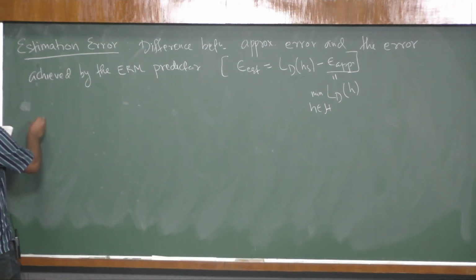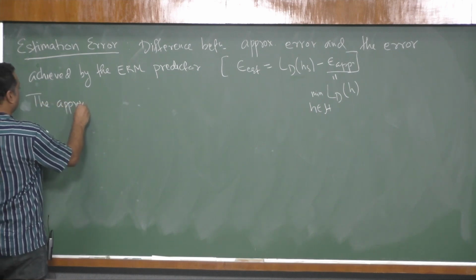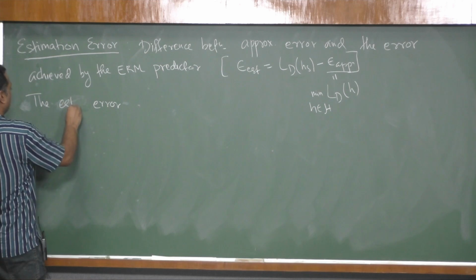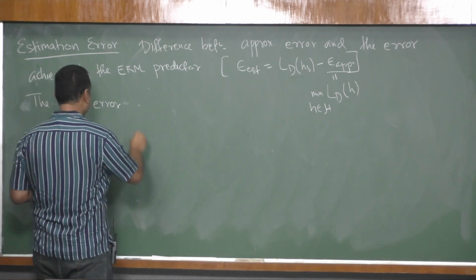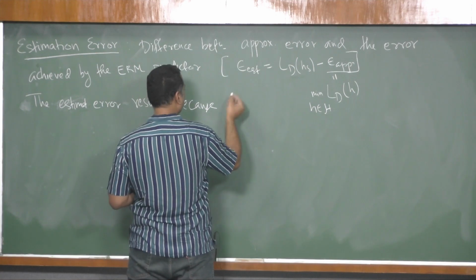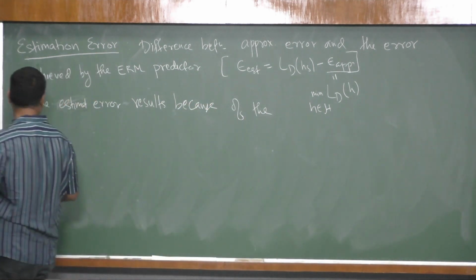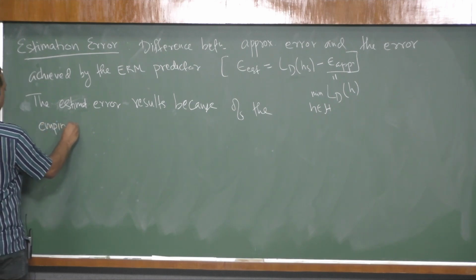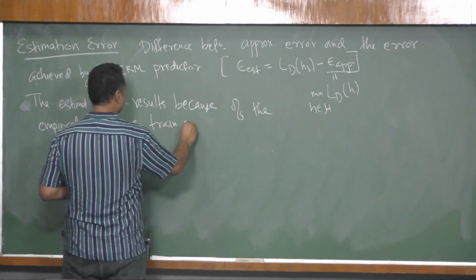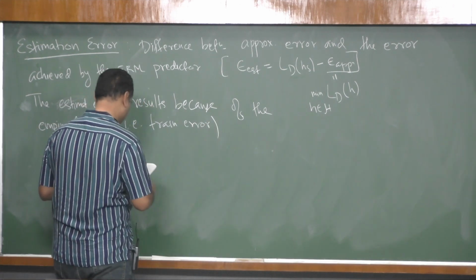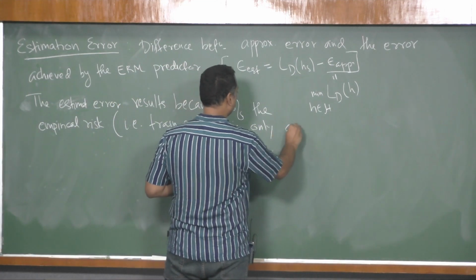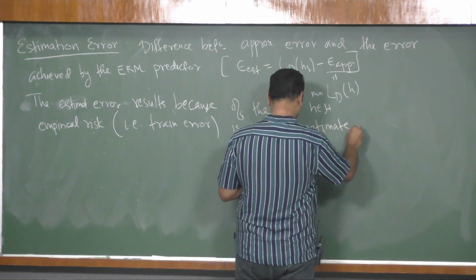So the estimation error results because we had error in the training process: the empirical risk, that is training error, is only an estimate of the true risk.